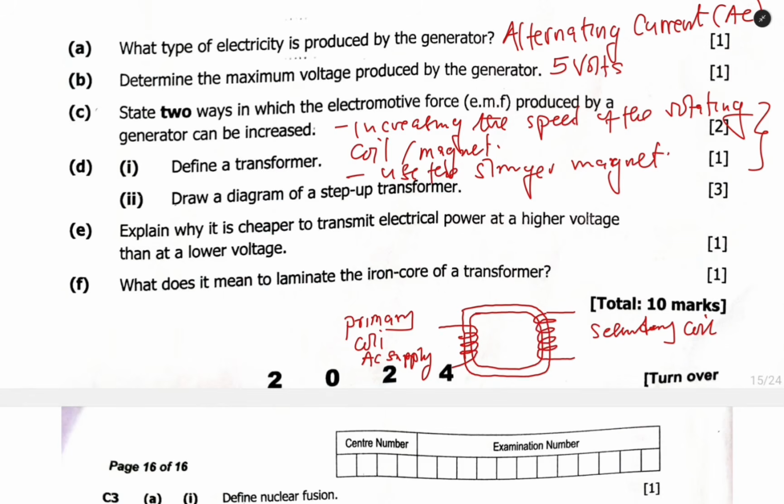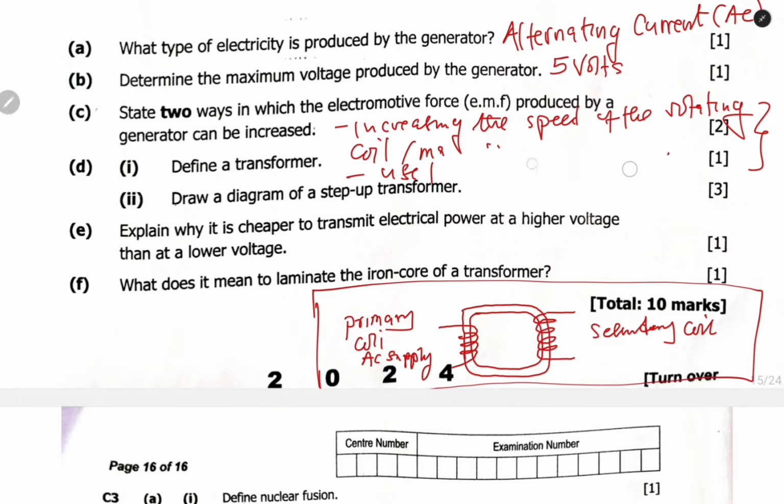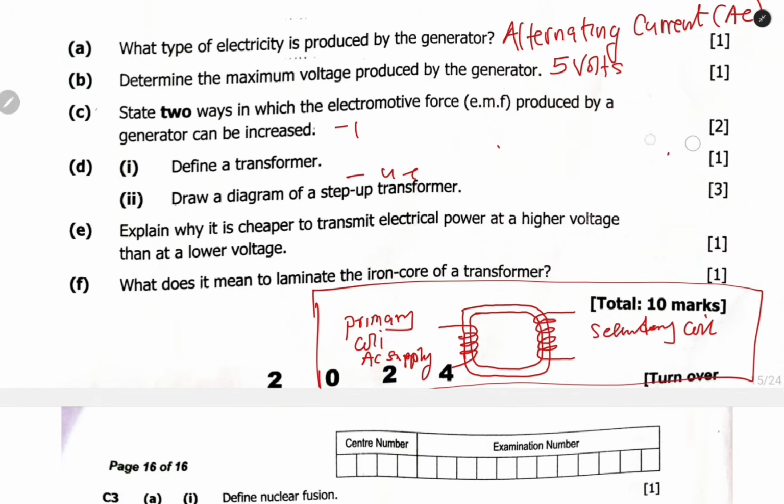But of course, we forgot to define what a transformer is. Now, the question here is: what is a transformer? That is the first question that we forgot to answer. So it is a device that steps up or steps down the voltage.